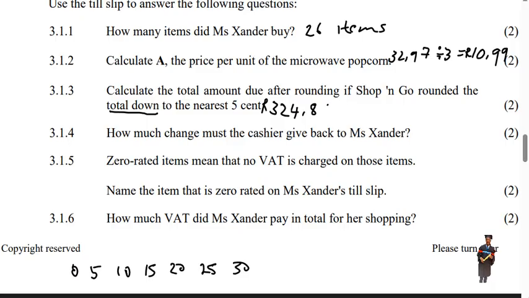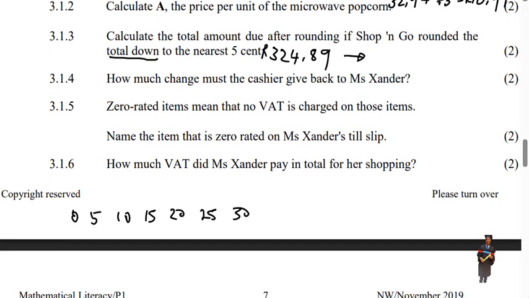324 rand 89. Now we want to round this down to the nearest 5 cent. Okay, so this 324 will remain the same. We do not touch it. Here is the cents is where we are going to make the adjustment or the changes.